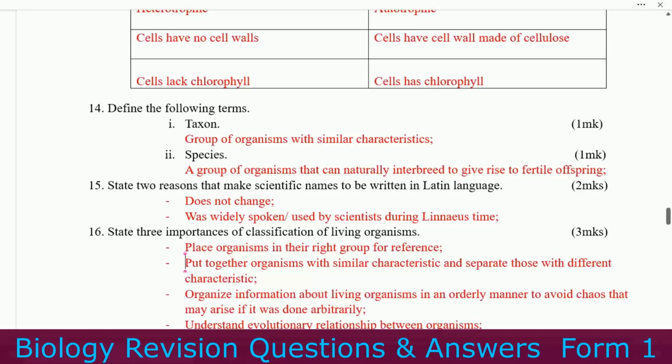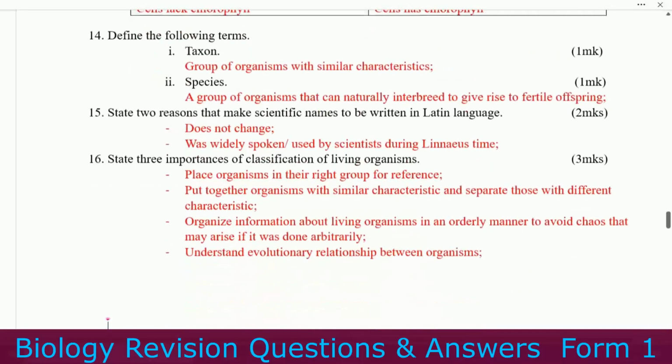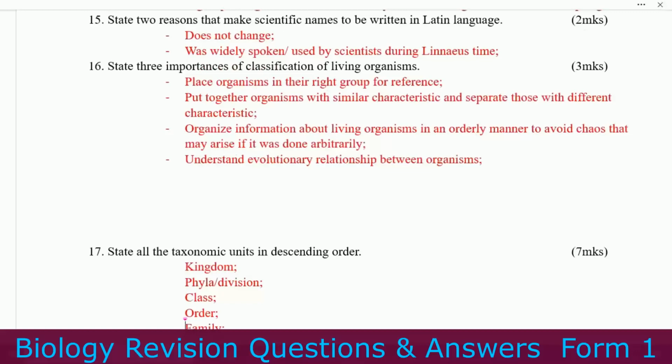Number 16. State 3 importances of classification of living organisms. Why do we classify? What are the importance of that? To place organisms in the right groups for reference. Number 2, put together organisms with similar characteristics and separate those with different characteristics.